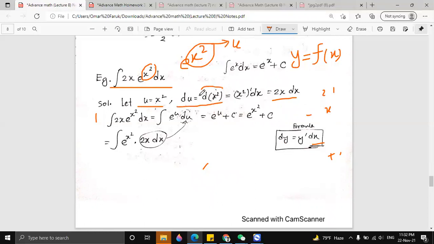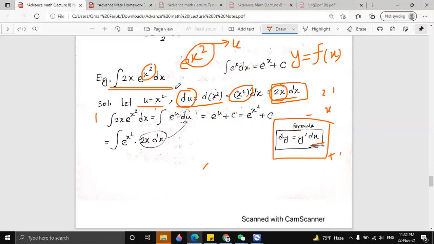This part is derivative of x square into dx, right? Because we know this is a small formula. Remember? Now derivative of x square is 2x. So we get du is equal to 2x dx. Okay.